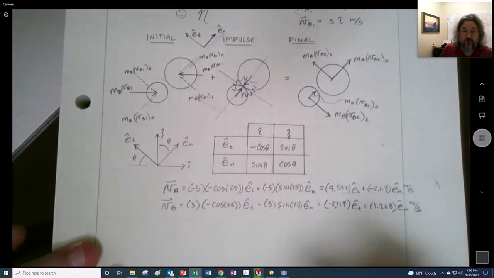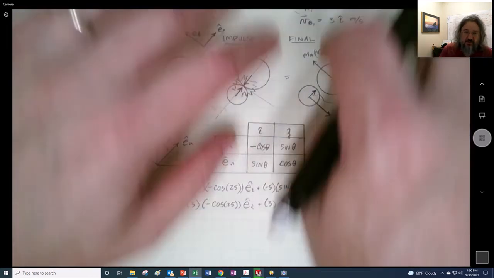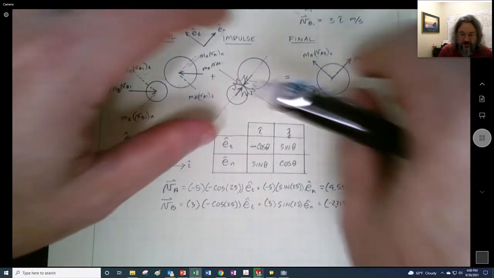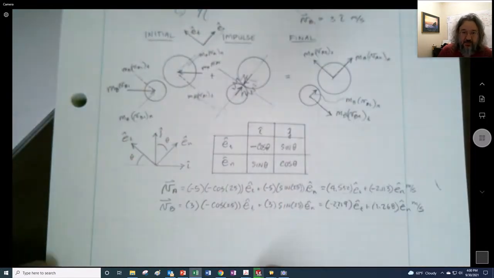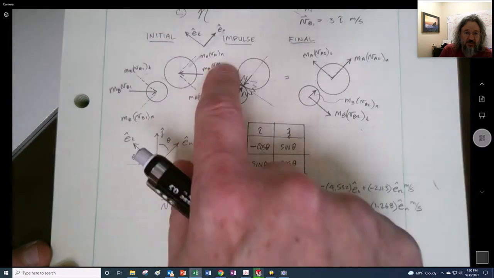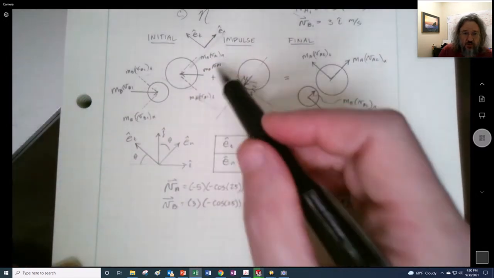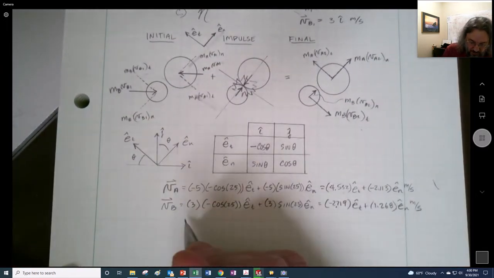So I could actually have done this as a preliminary step, but maybe I saw that I needed it up here. Now I have all these components, and it's really in the normal direction that I'm going to do my impulse and momentum.